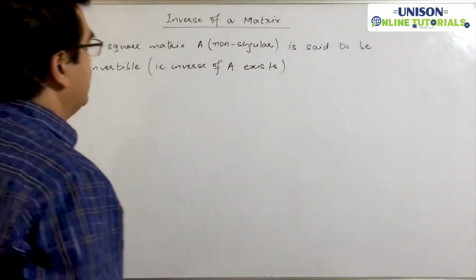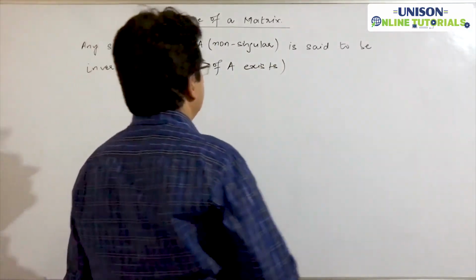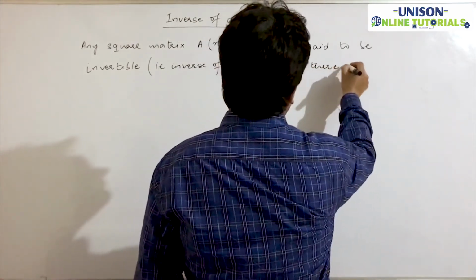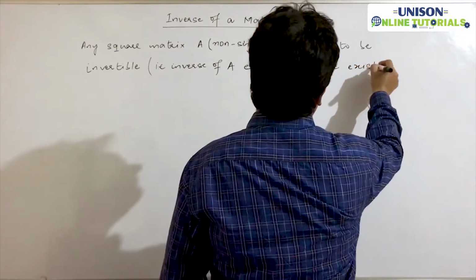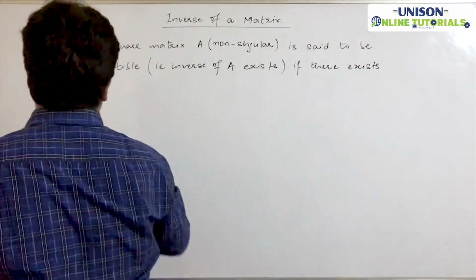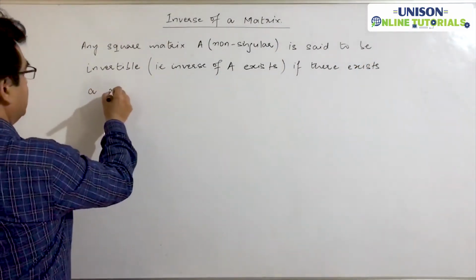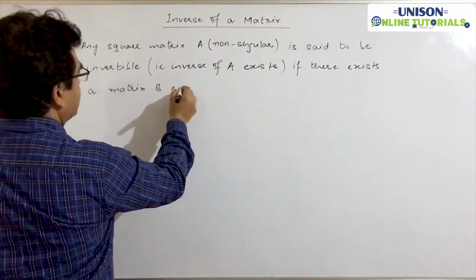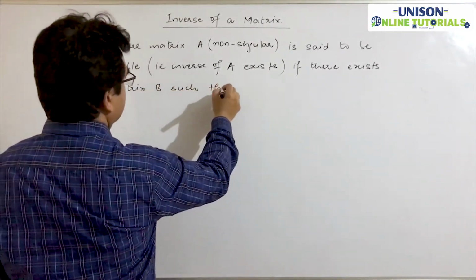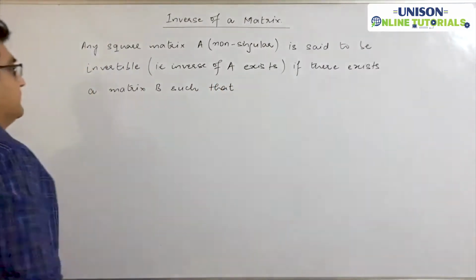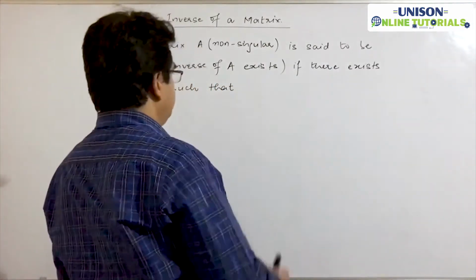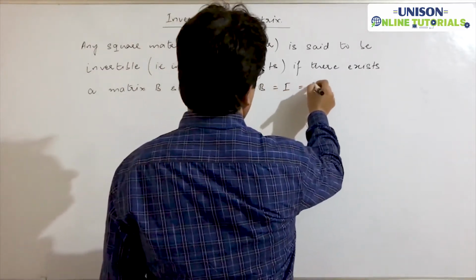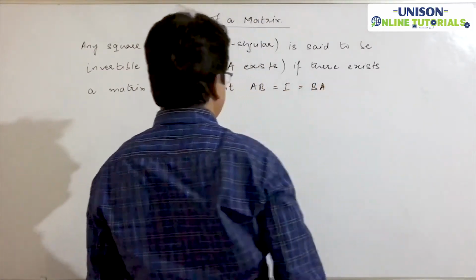So any square matrix A is said to be invertible if there exists a matrix B such that AB is equal to I, which is equal to BA.